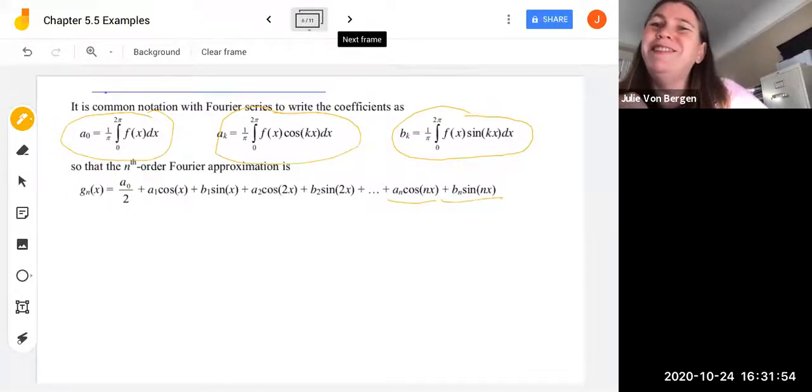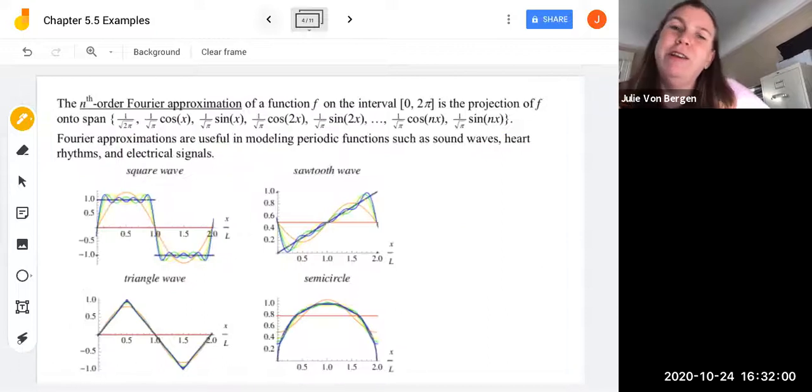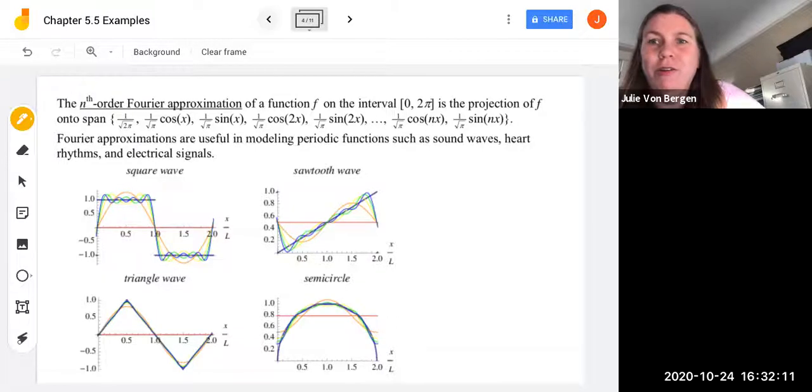And so you can see as the orders increase, that's why our graphs back here were getting more and more accurate, because you've got a linear combination of more and more periodic functions, making your Fourier series fit the triangle wave or the semicircle or the sawtooth or the square wave much better.